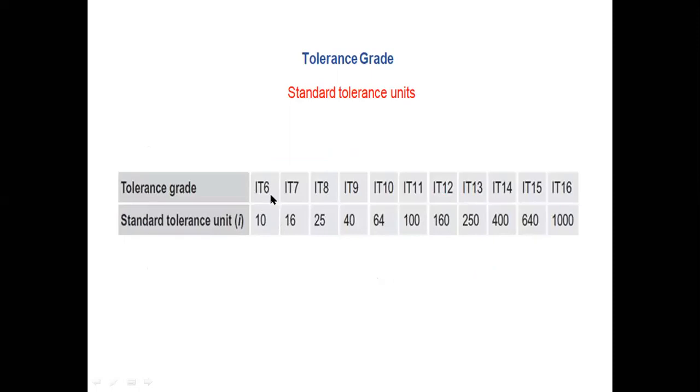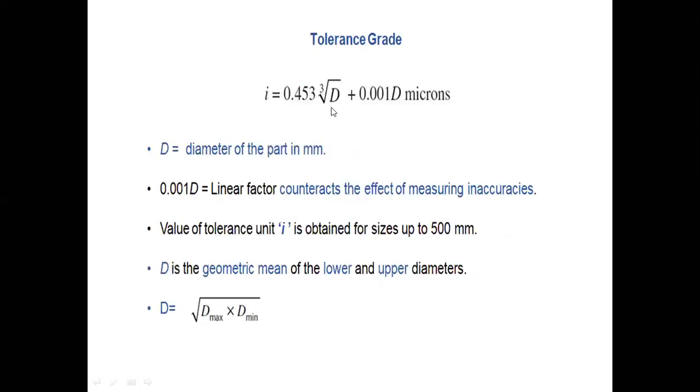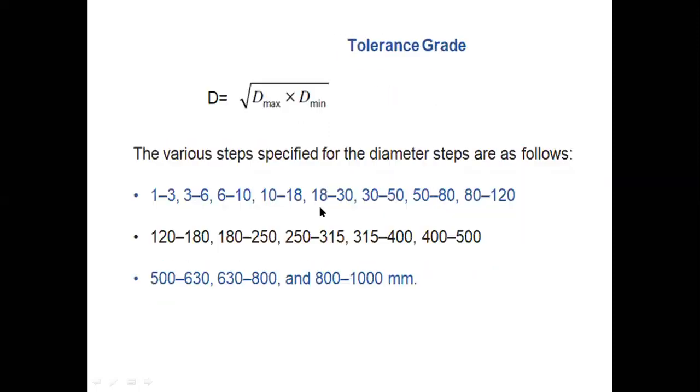Say IT6 is given, then it will be 10i. So that value of i you have to substitute here. Here it is only written 10. It will be multiplied by the value of i. Where you will get D is, you have to refer to this standard step. These will be given to you in the problem statement. That will be the given data. Using them you have to find out.